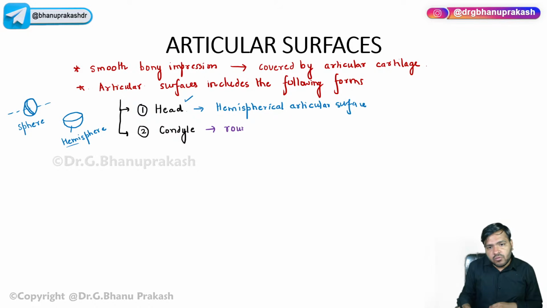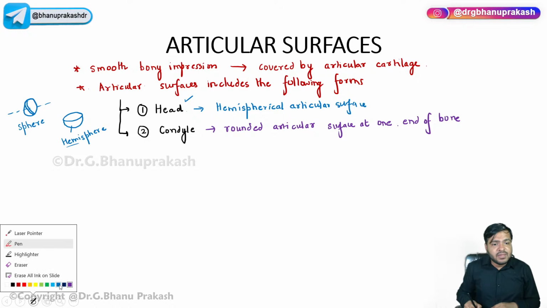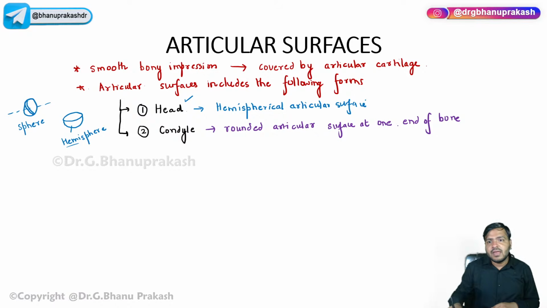So it is the rounded articular surface at one end of the bone. Again, very important. Even the head is also a hemispherical articular surface at one end of the bone, right?